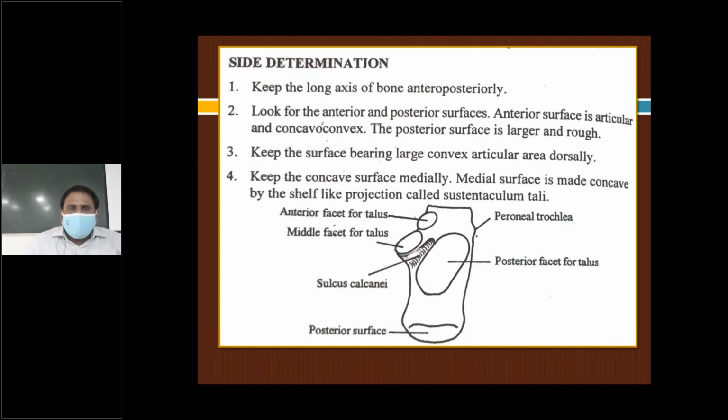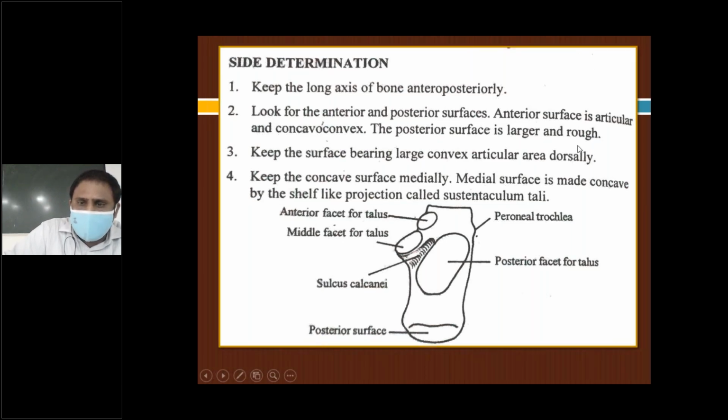Side determination of the calcaneus. Keep its long axis anteroposteriorly and look for the anterior and posterior surfaces. The anterior surface is an articular surface, concavoconvex, articulating with the cuboid. The posterior surface is large and rough.